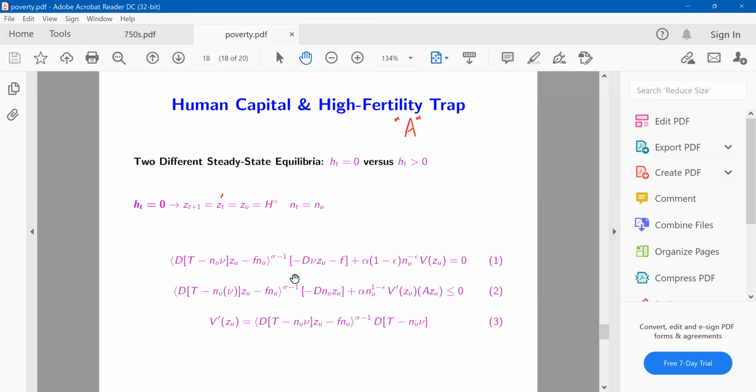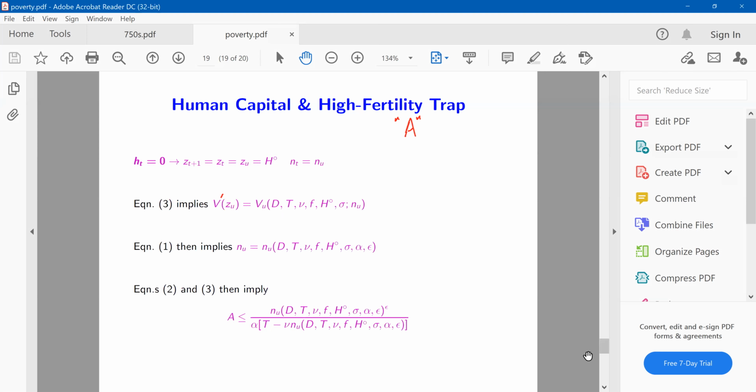It may depend on A through V, but if you express it as a result, it will not depend on A, and actually you realize that it doesn't depend on A as well, because V prime ZU is independent of A at this steady state. It will be, of course, different under the other steady state, right? But for this steady state, 3 and 1 imply these results, okay?